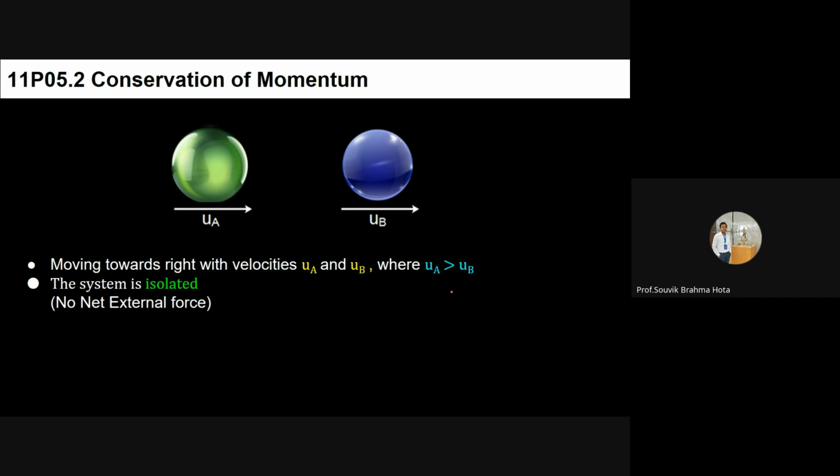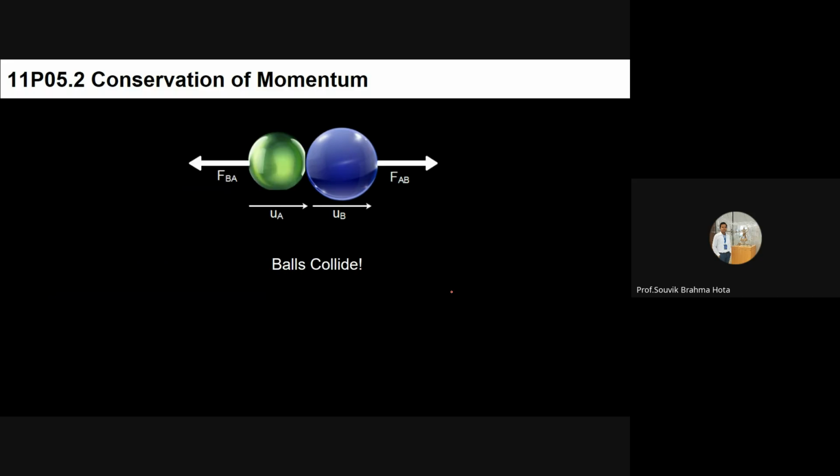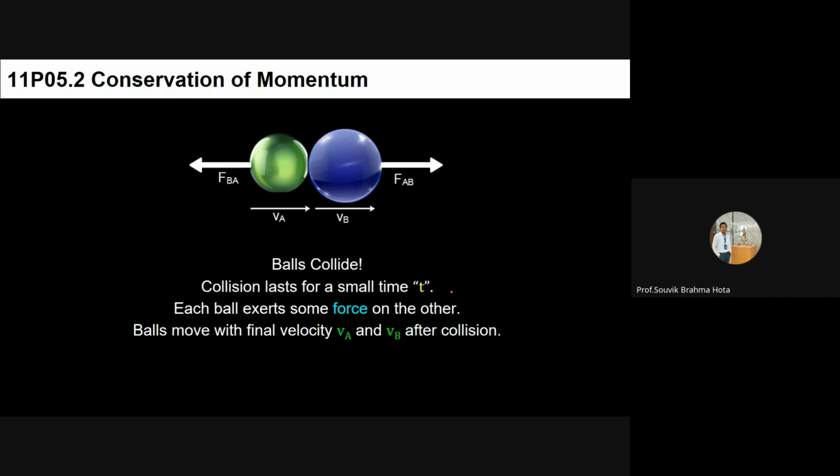First consider the system is isolated, no external force is acting on them. Then both balls collide, A collides with B. The collision lasts for a small time t. So each ball exerts the same force on the other. So the balls move with final velocities vA and vB after collision.